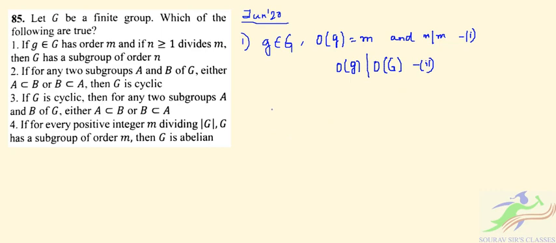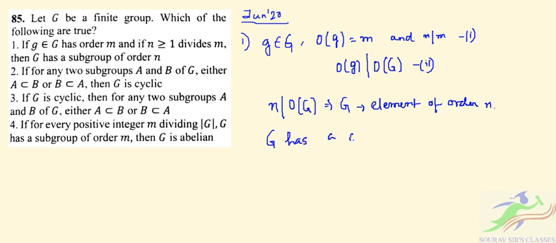So from 1 and 2 we can get that n divides O(g), which means G has an element of order n. Since G is finite, G has a cyclic subgroup of order n. So in our case option 1 is correct.